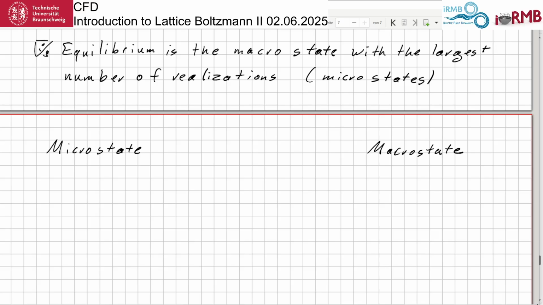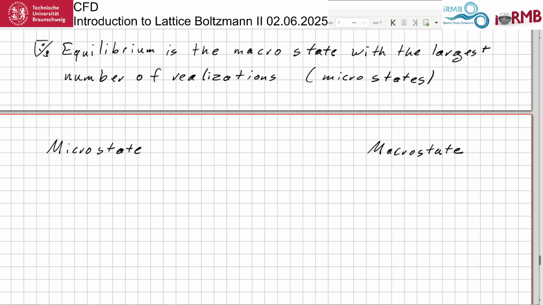The important thing, why we can do this in kinetic theory, is because we deal with indistinguishable particles, while the reality has distinguishable particles. The microstate always uses distinguishable particles or entities, and the macrostate uses indistinguishable entities or particles.